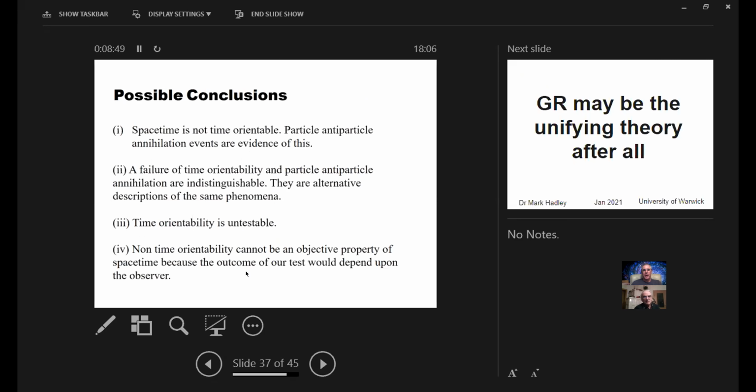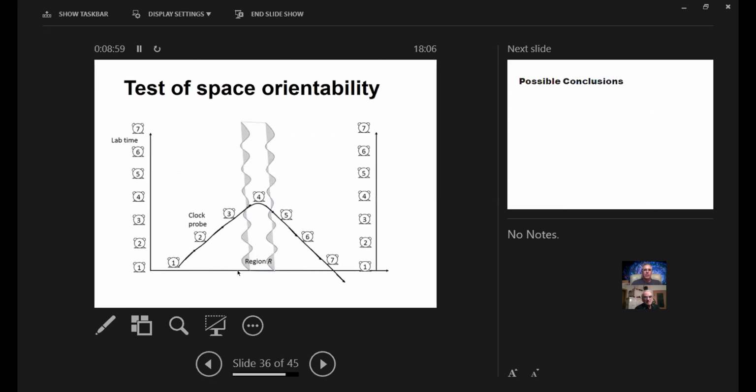So, well, you could say it's not an objective property of space-time because the outcome of the test depends on the observer and how you're setting it up. You think you're doing an experiment, but it must depend on how you're setting stuff up here. And how you're setting stuff up here must depend on whether you actually encounter the region. If you didn't encounter this region, this clock couldn't be counting backwards. So the state you've got here will depend on what's happening at point 4 here.